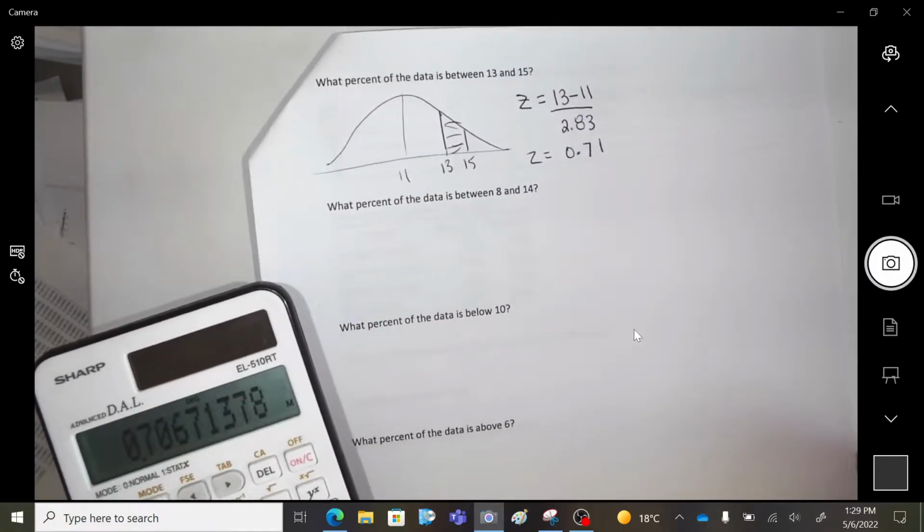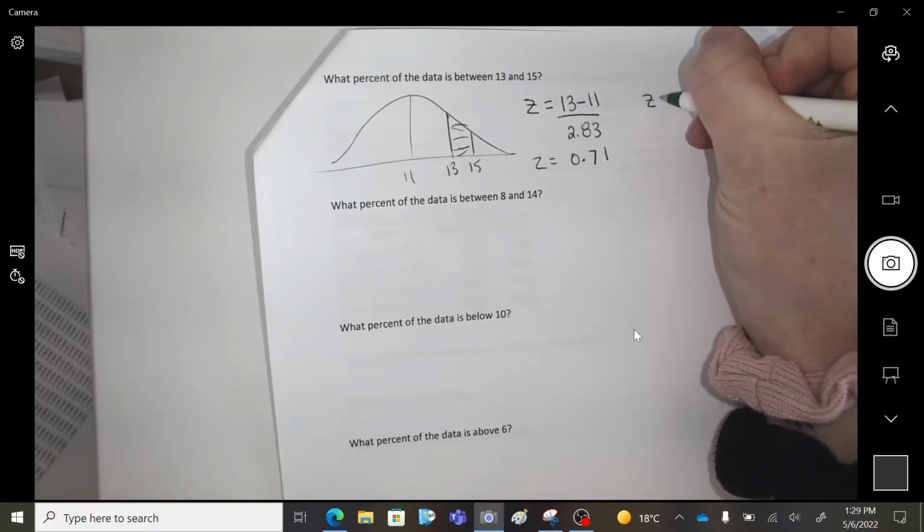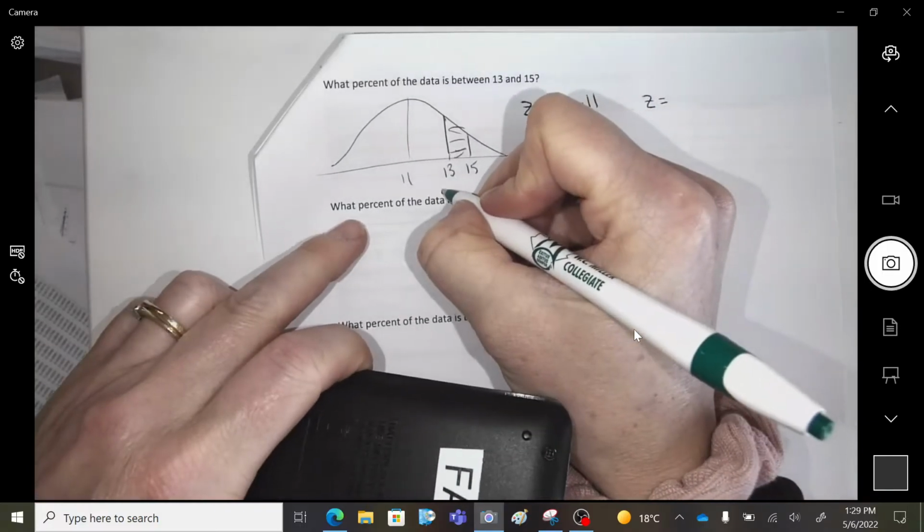So for the Z scores, I'm just going to go 2 decimals because that's as much as our chart does. Okay, I'm also going to do the Z score for 15.